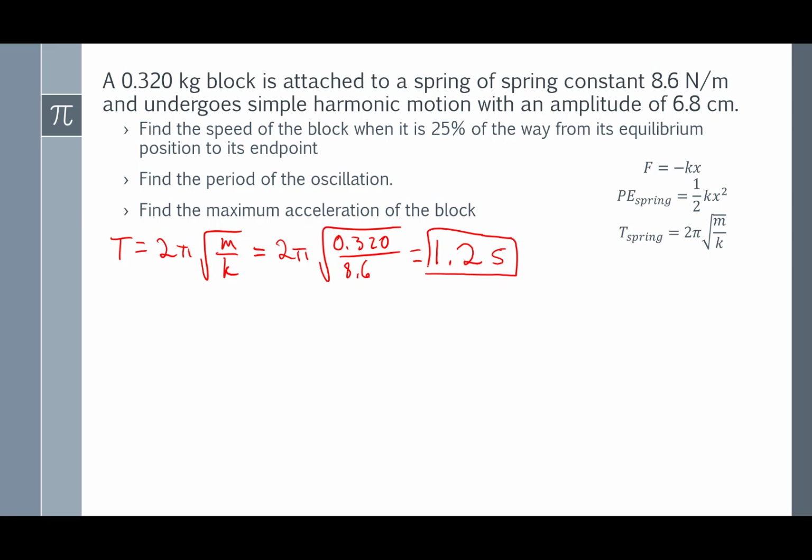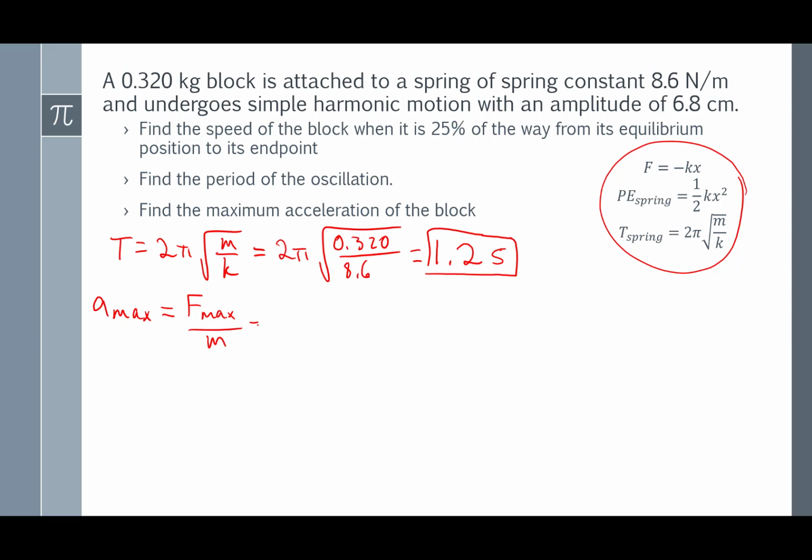Okay, that's pretty straightforward. And then last of all, we need to find the maximum acceleration of the block. So acceleration max. Well, there's no equations that have acceleration in them over here. But we can't forget about Newton's laws. We know that force is equal to mass times acceleration. So our acceleration max is just our F max over our mass.